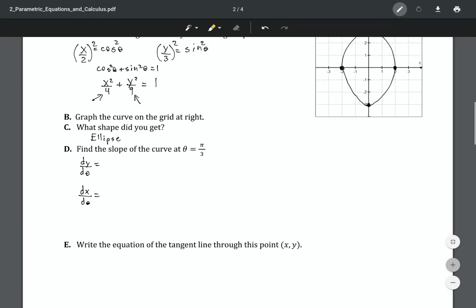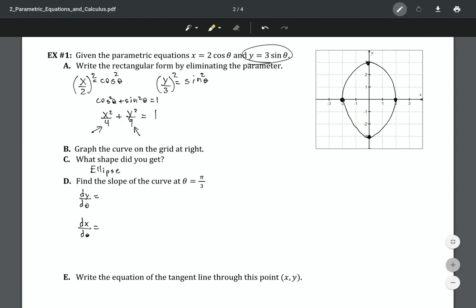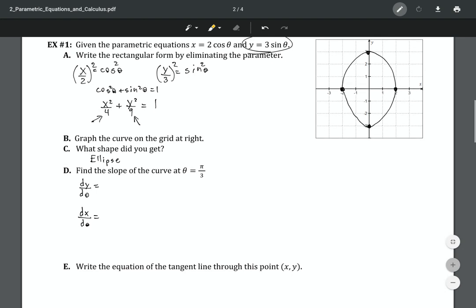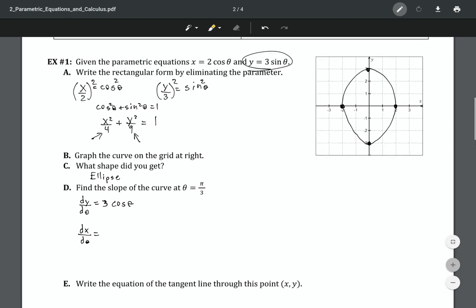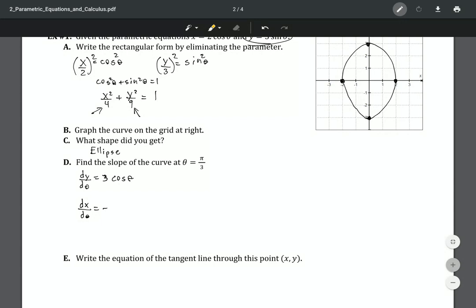So if you look at this equation right here, y is this. If I take the derivative of that, then I would get 3 cosine of theta. The derivative of sine is cosine, right? If I take the derivative of 2 cosine, I get negative 2 sine of theta.